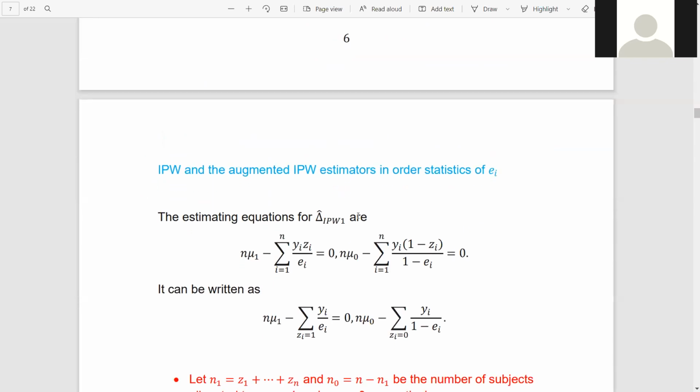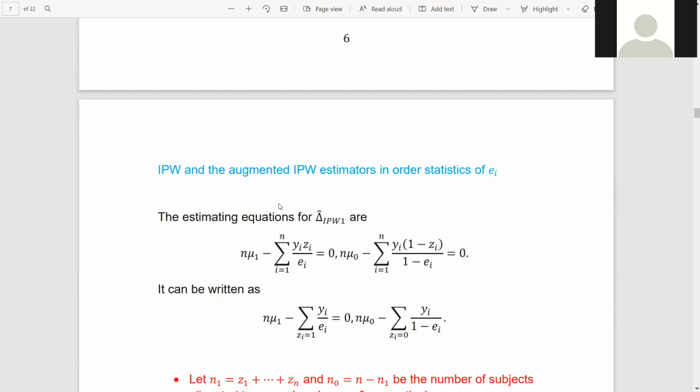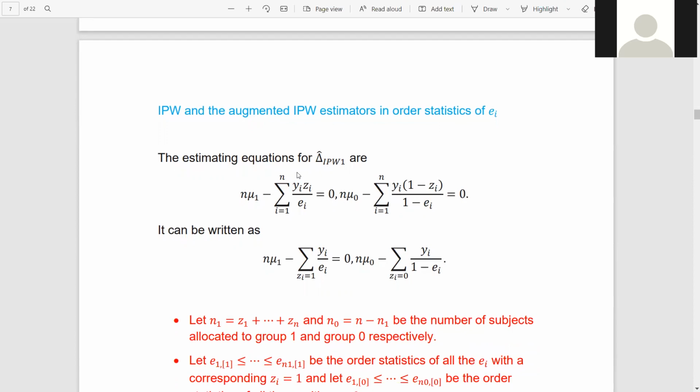If I'm not clear, just stop me and ask questions. Now we're going to transition to the method we are proposing. In order to do that, I'm just going to focus on IPW1 because all the others will be the same. The first thing we need to do is reformulate the estimate a little.